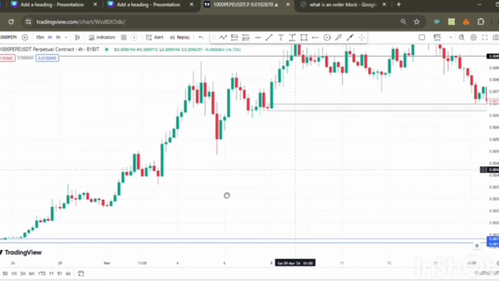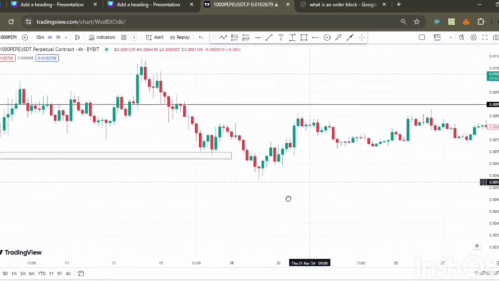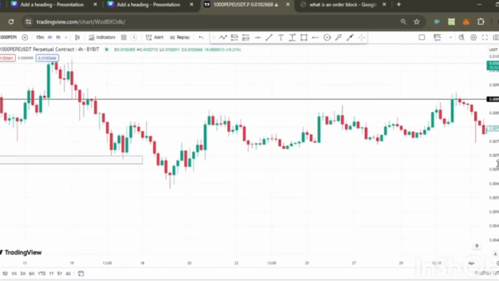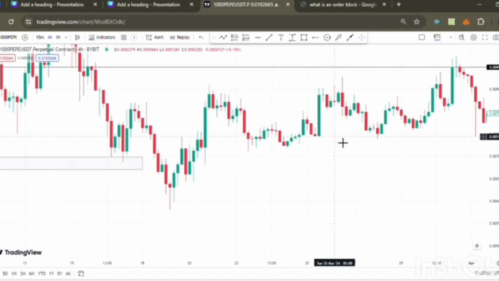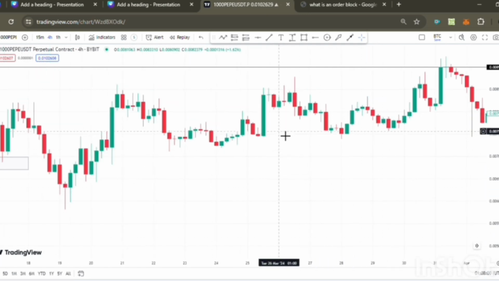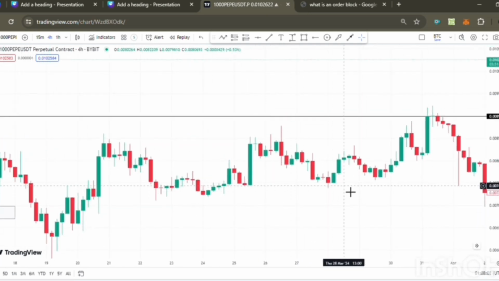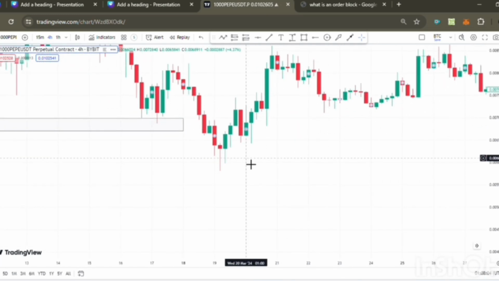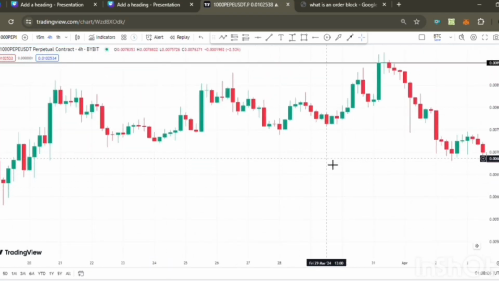Guys, remember, there's something I forgot to say. It is not whenever you see a gap, I want to show you something. Whenever you see a gap, that gap is considered a fair value gap, which is the market imbalance.